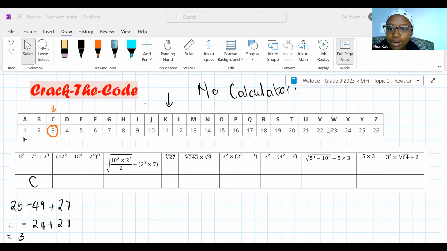Check, they're concentrating. Remember, if you don't understand, you ask.